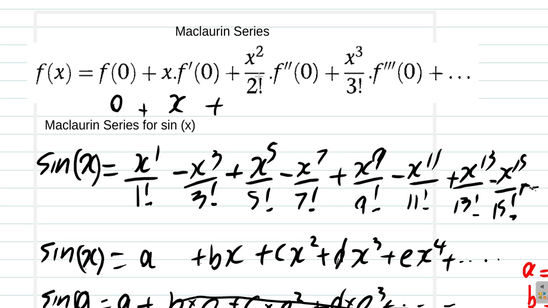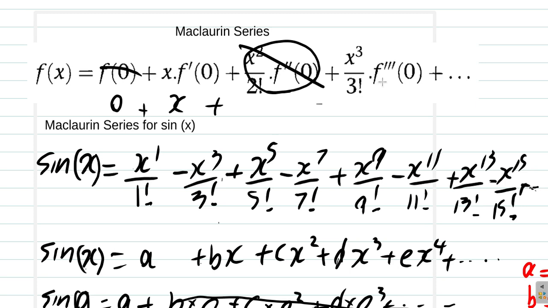When you differentiate cosine, you get negative sine. Here you will get a negative sine, and that will be the second derivative right here. When you equate to 0, sine of 0 is 0. So x squared over 2 factorial times 0, this would go. So this is gone, this is gone.